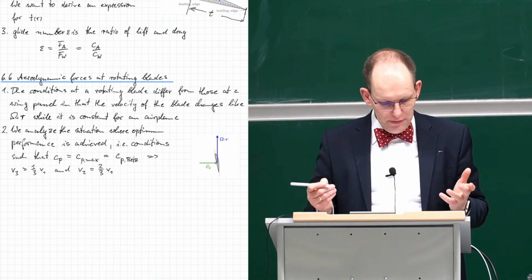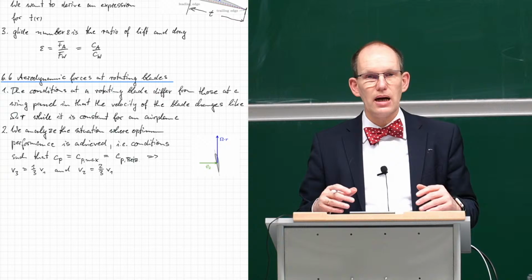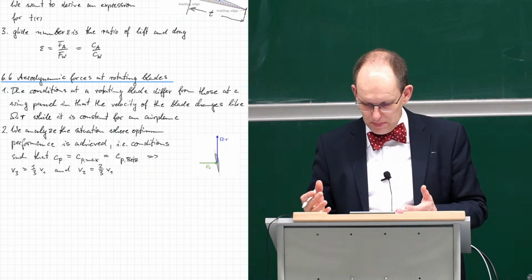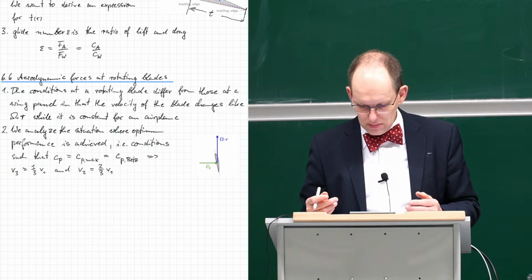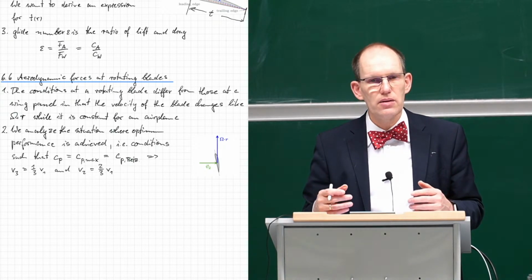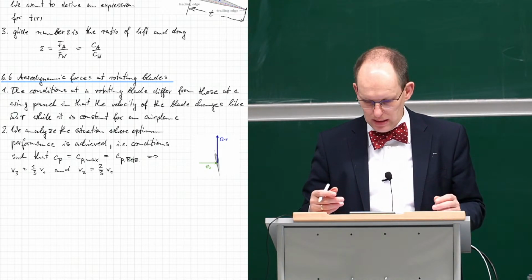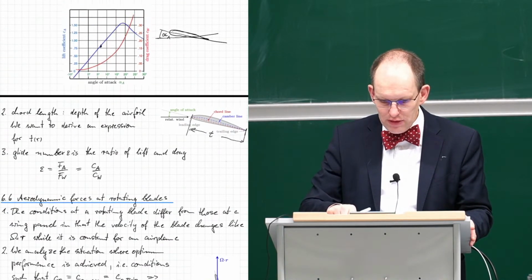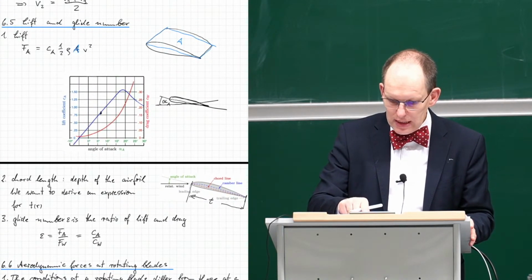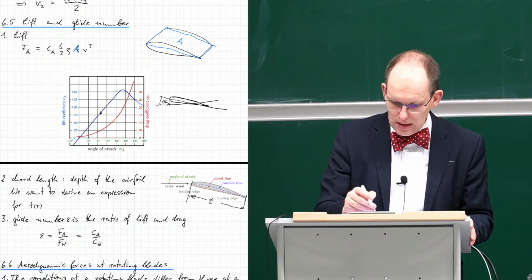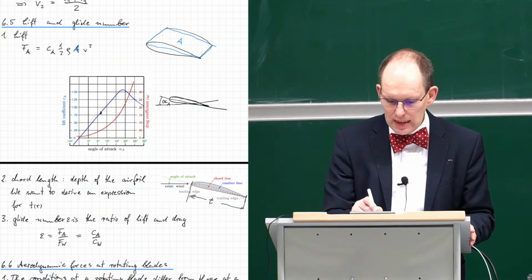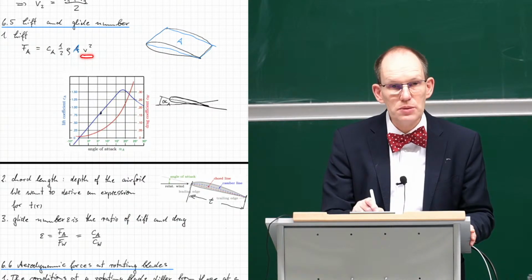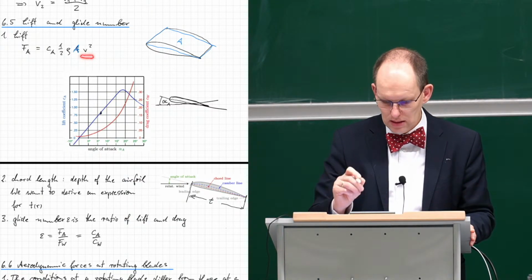If this is the case, then by the Pythagorean theorem we can calculate the in-stream velocity, right? And the in-stream velocity is decisive because it is this in-stream velocity, which subsequently I will call C, that is responsible for the lift.